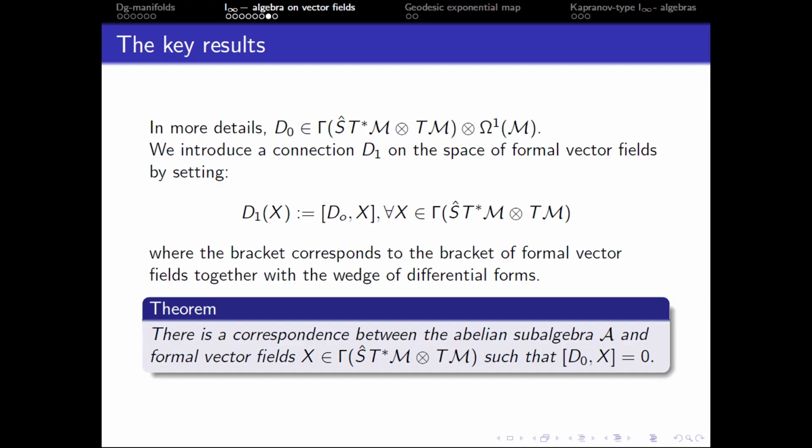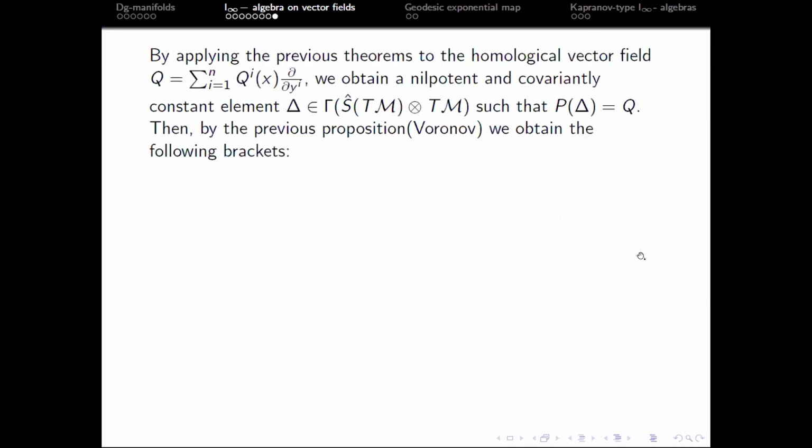Okay, so we know that on the base manifold M, I have this Q field, this nilpotent Q field, and using this theorem, I can produce some kind of lifting of Q. So I will have some formal vector field which commutes with D0, and this is basically what I'm going to use as delta.